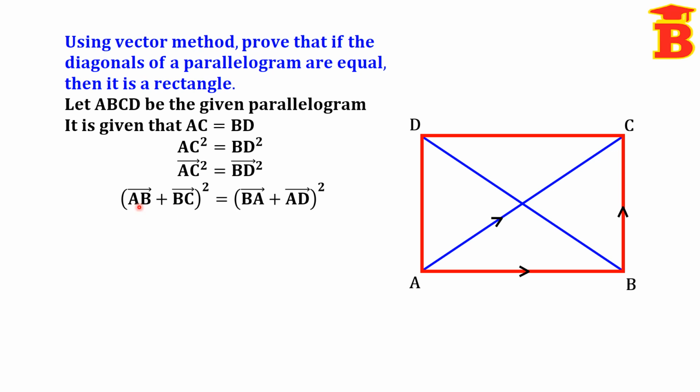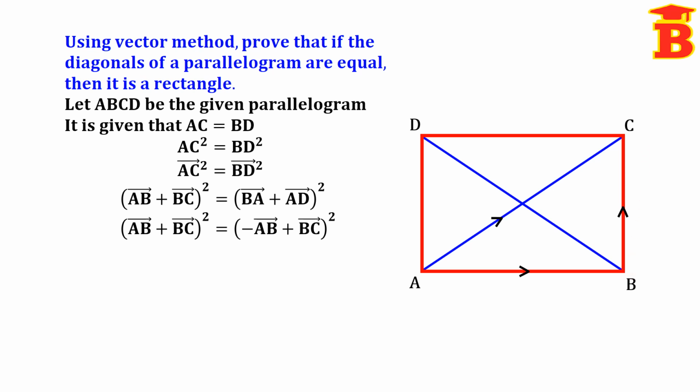So first bracket we have AB vector, BC vector. So this also we can write in terms of AB vector, BC vector. This BA vector is minus AB vector. And this AD vector is same as BC vector because opposite sides are equal. See the diagram. This AD vector is same as BC vector.